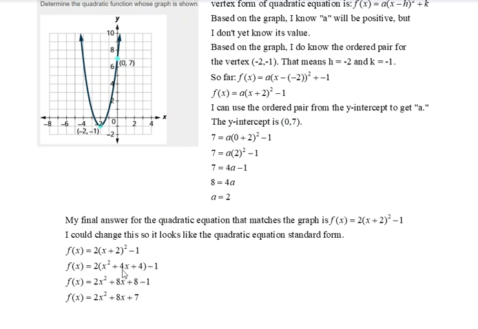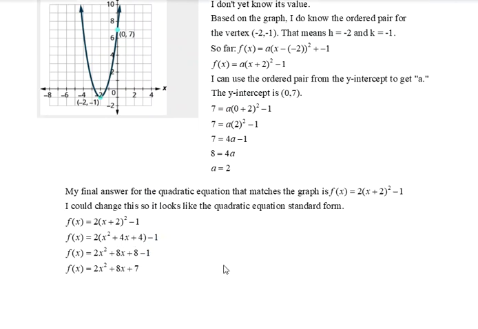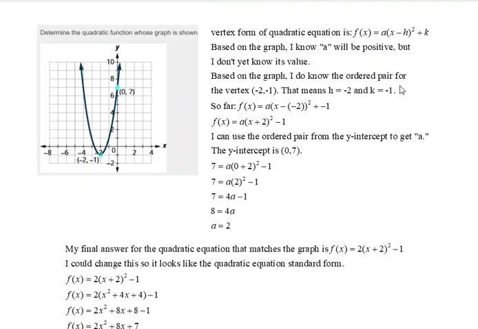I did the binomial squared, then pushed the 2 through, and then joined up the +8 and the -1. So this equation, which is in the quadratic standard form, is equivalent to the one I gave you up here that was in vertex form. I hope that answers the question and is of some help.